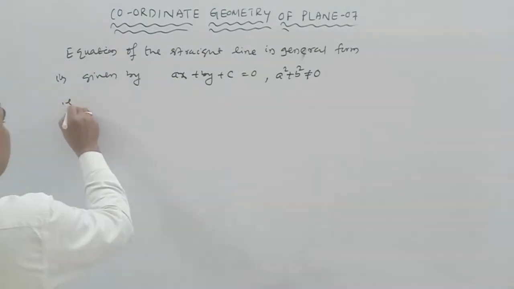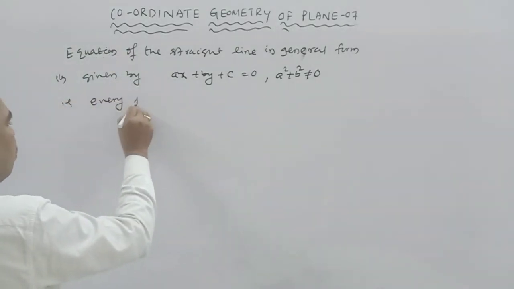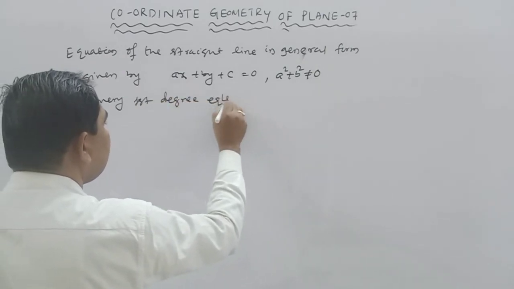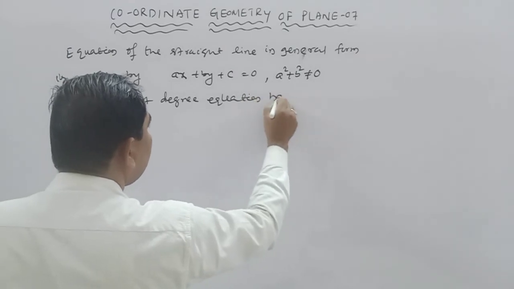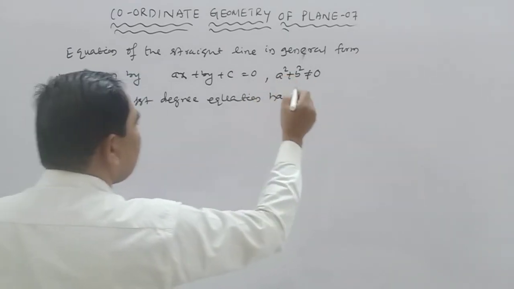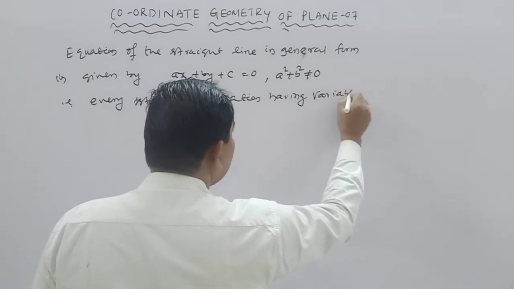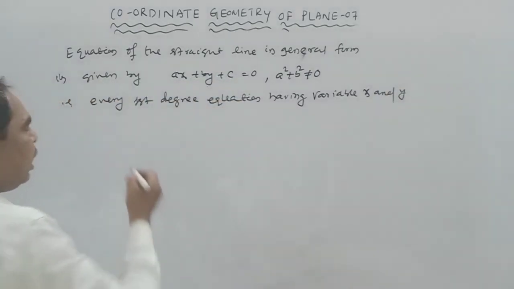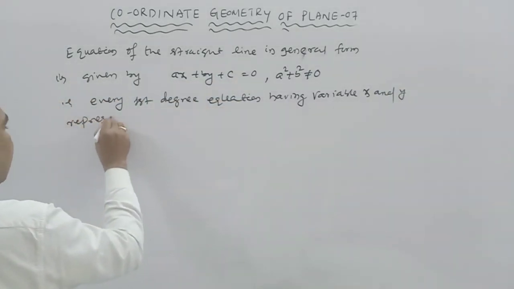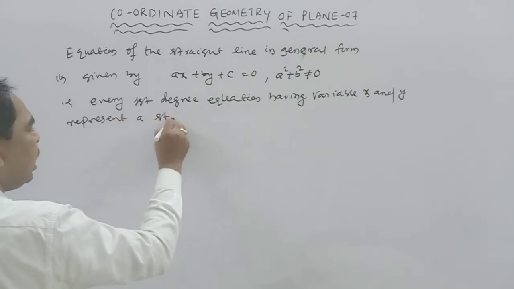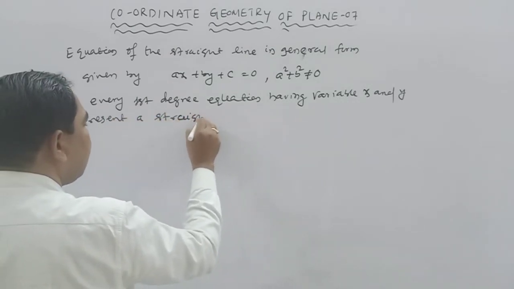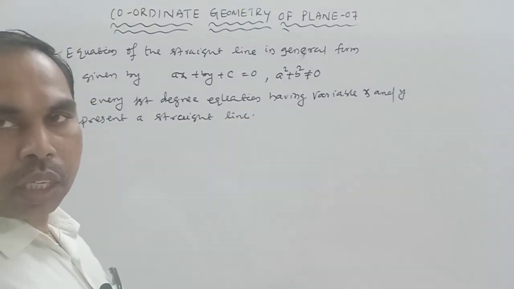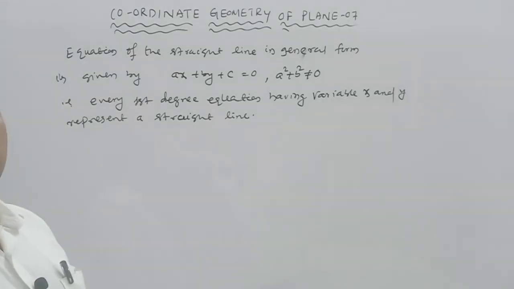A may be 0 or b may be 0, but a and b not 0 simultaneously.